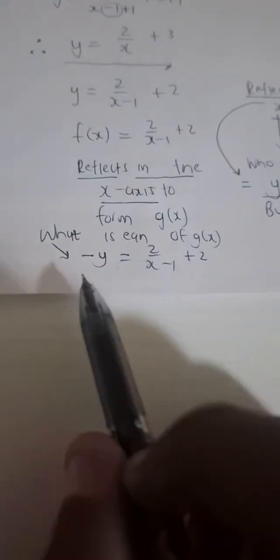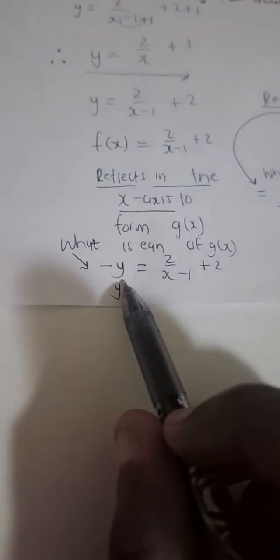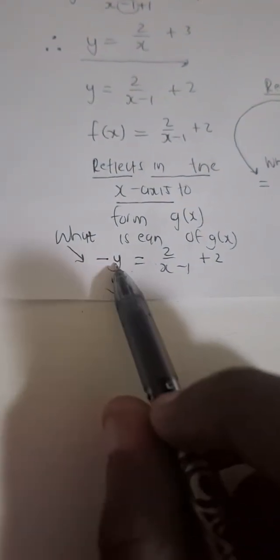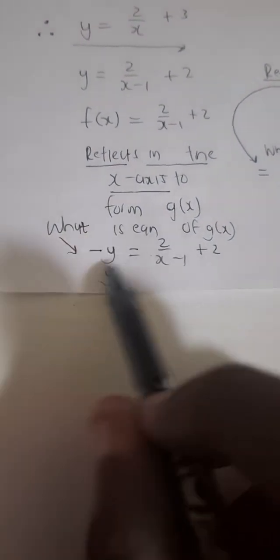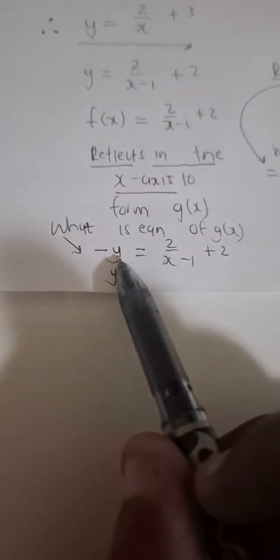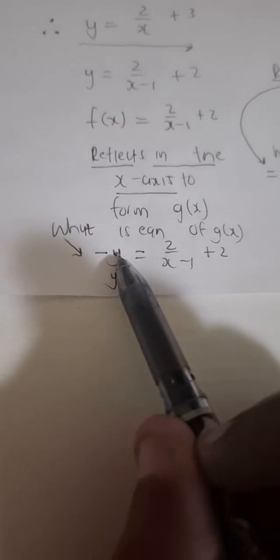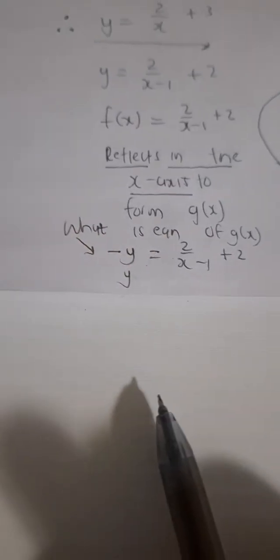Because this is directly saying that y changes in sign. Then after that, we are going to multiply both sides by negative, because we want to get rid of this negative at the end of the day. Remember, when we do that, we multiply each term in the equation by negative.